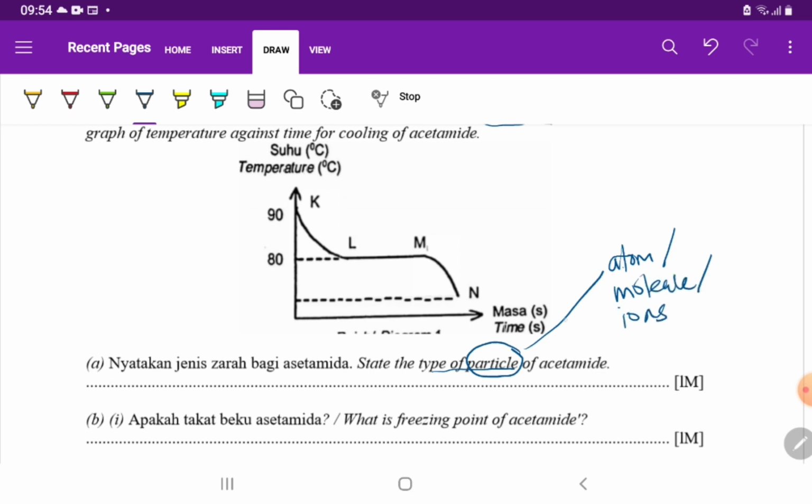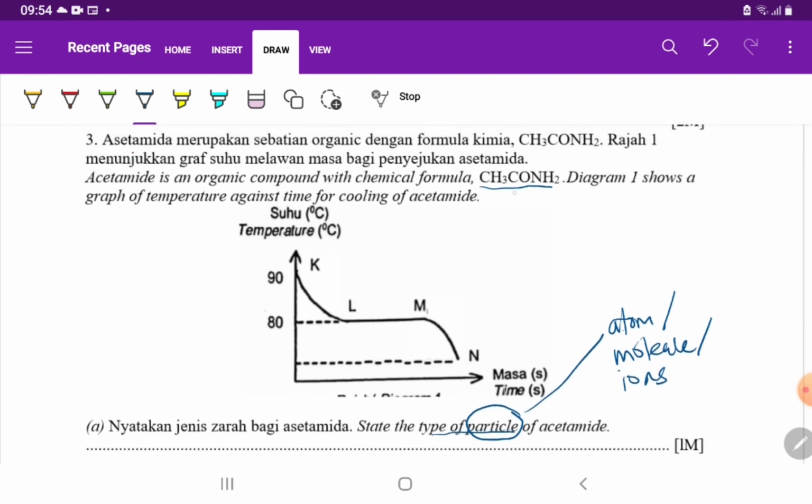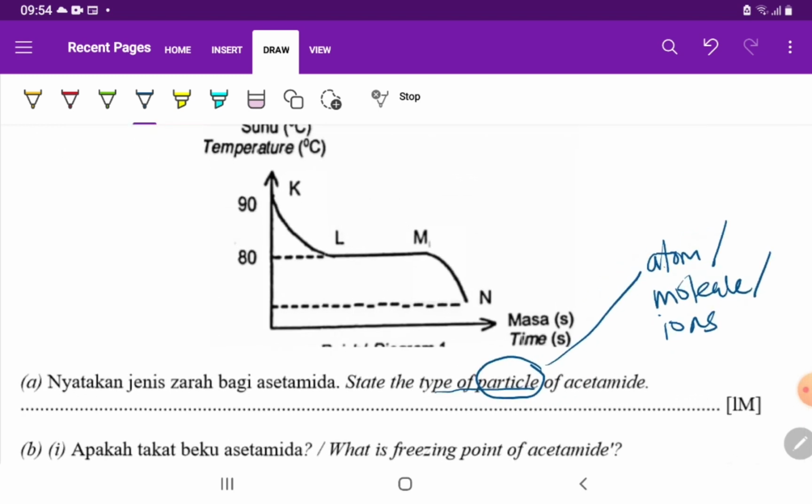This is not possible to be atoms because an atom is only one. Ions are not possible because there is no metal inside here. So it should be molecules.